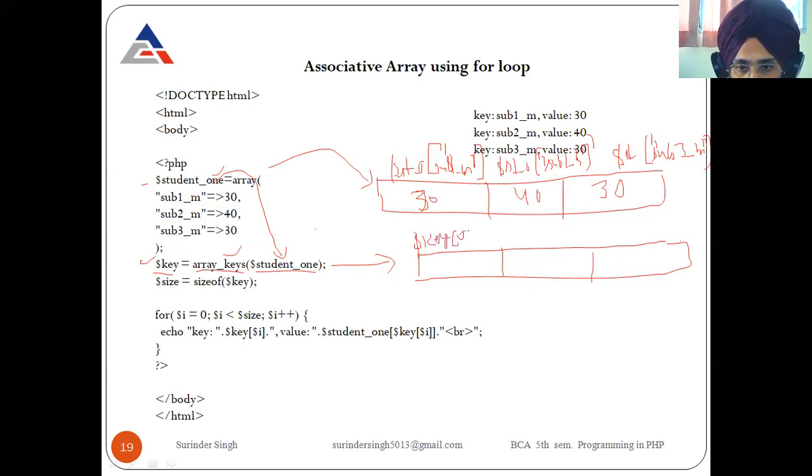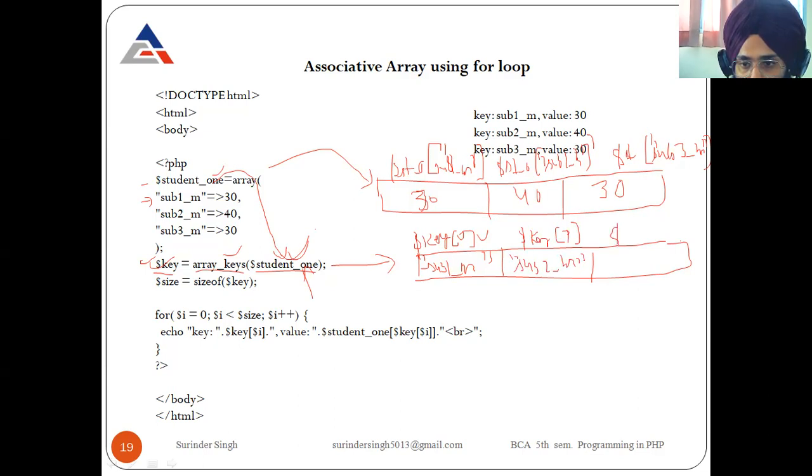At index 0 of key, it stores the first key of the array which we are passing to array_keys, and the first key of the array is subject1_m. On the second index, key 1, it stores the second key, which is subject2_m.